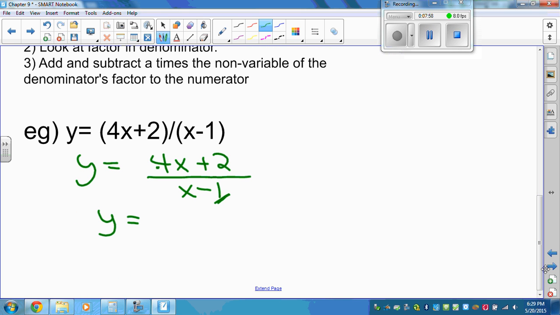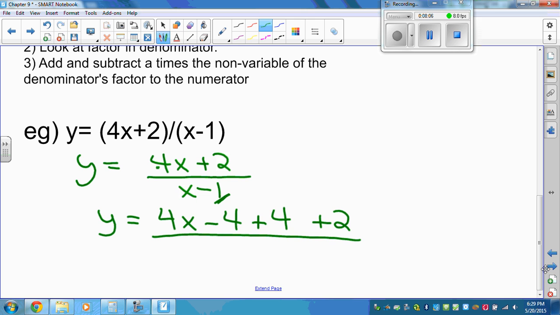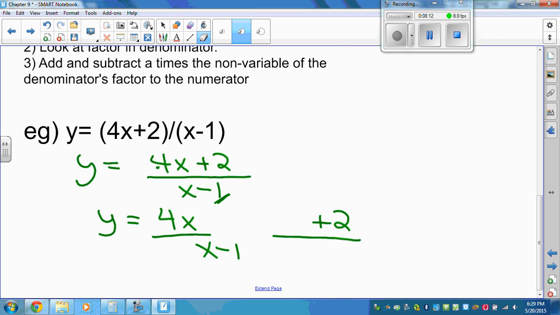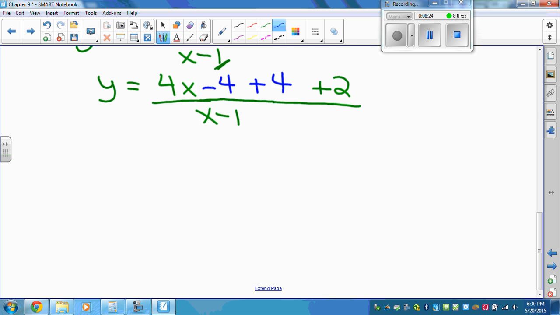So I have 4x, minus 4 plus 4 plus 2 over x minus 1. I'm going to make that a different color to show I added and subtracted something. So this is what I had, 4x plus 2. Then I subtract and add 4. And you're saying, well, why are you even doing that? Well, watch this.